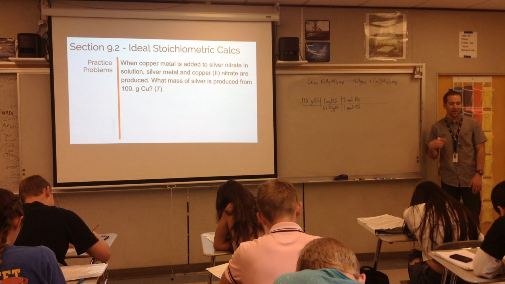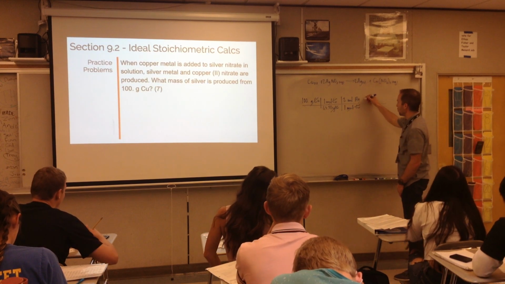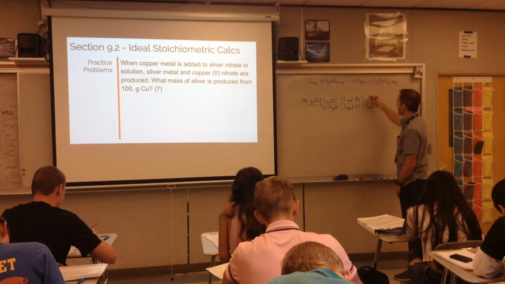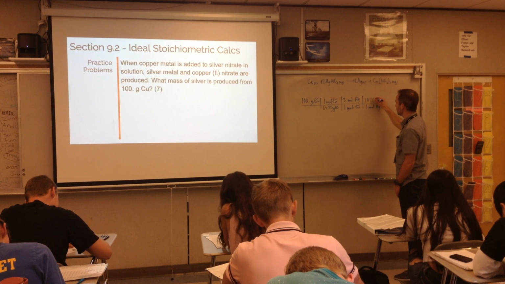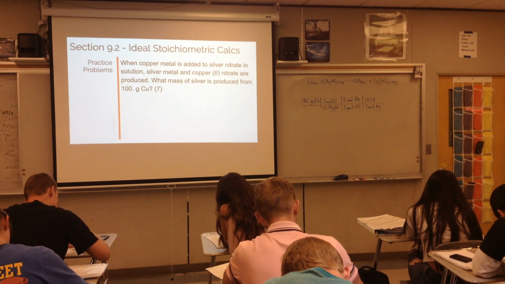But they want me to find the answer in terms of grams of silver. So I need to use my molar mass. 1 mole of silver is a mass of 107.9, sorry.